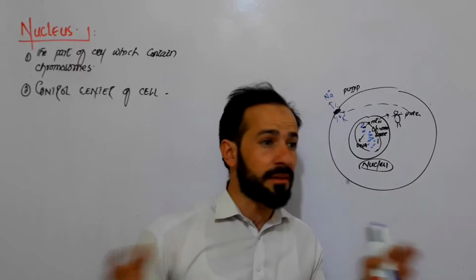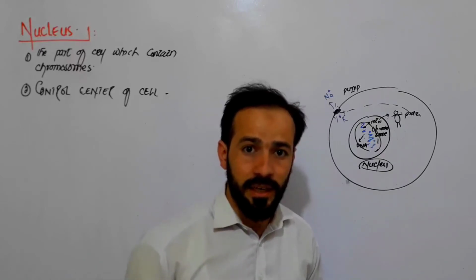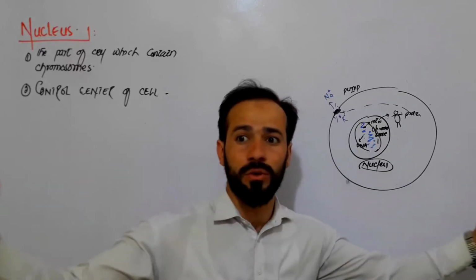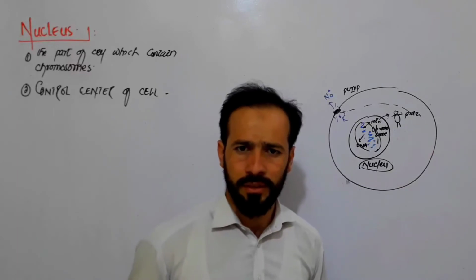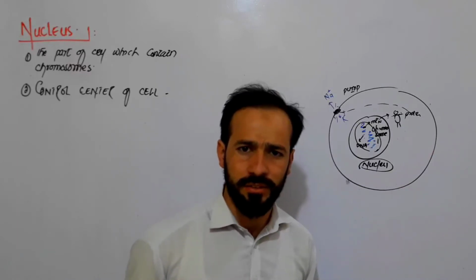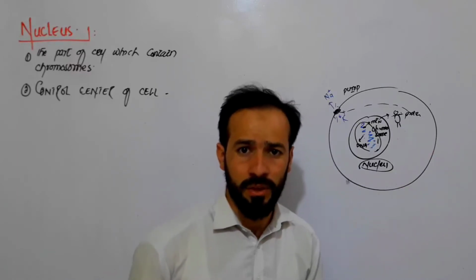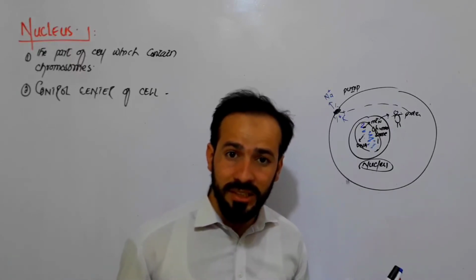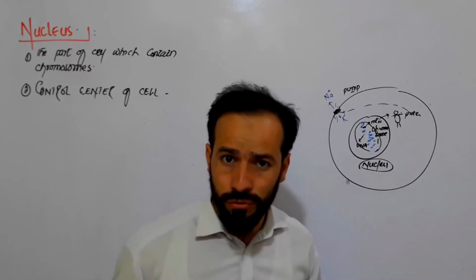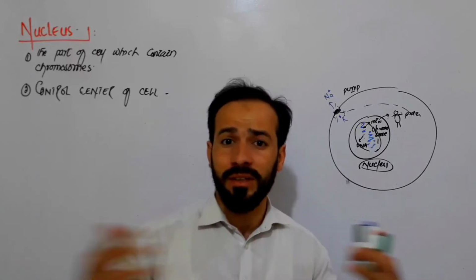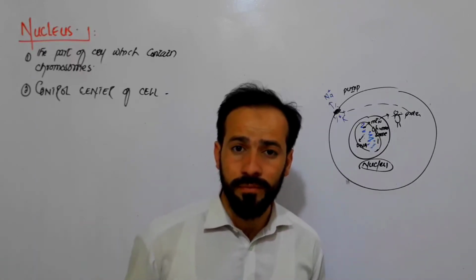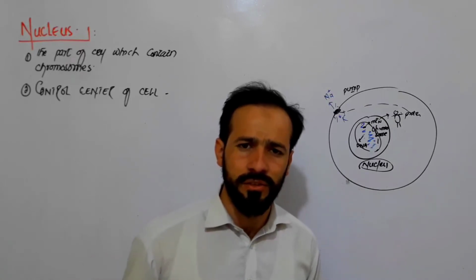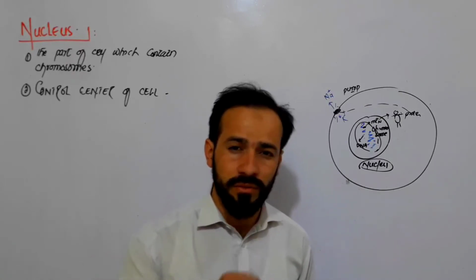As in a department we have a head who is responsible for controlling the whole department, in a school we have a headmaster and principals. Those principals and headmasters control all the activities of the teachers, the students, and other areas related to the school. So that headmaster, that principal, is playing the role of the nucleus.